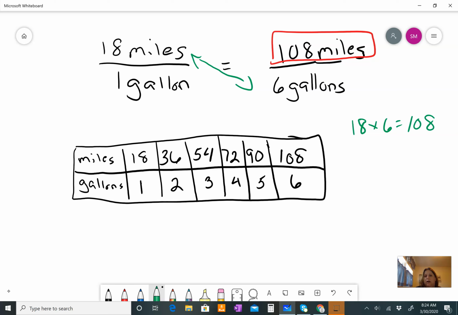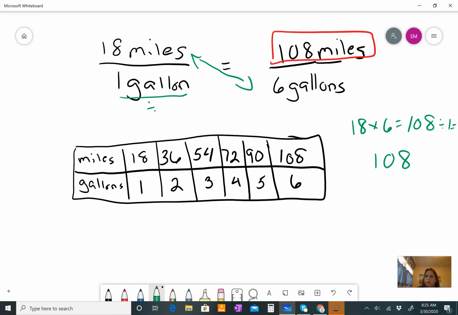But then I would divide by this number, because it's across from the unknown. So technically it would be 108 divided by 1, but anything divided by 1 is 108. So that's another way to come up with this instead of making a table.